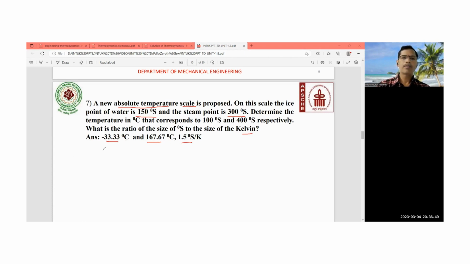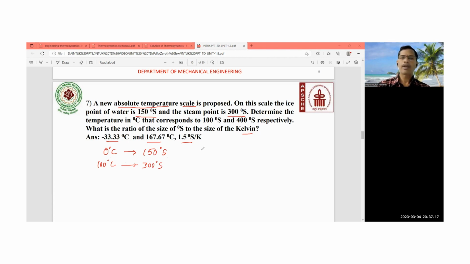Here it is given that at 0 degree centigrade, the new temperature scale is 150 degrees, and at 100 degrees centigrade, the new temperature scale is 300 degrees. Then what is the relation that you are going to get?